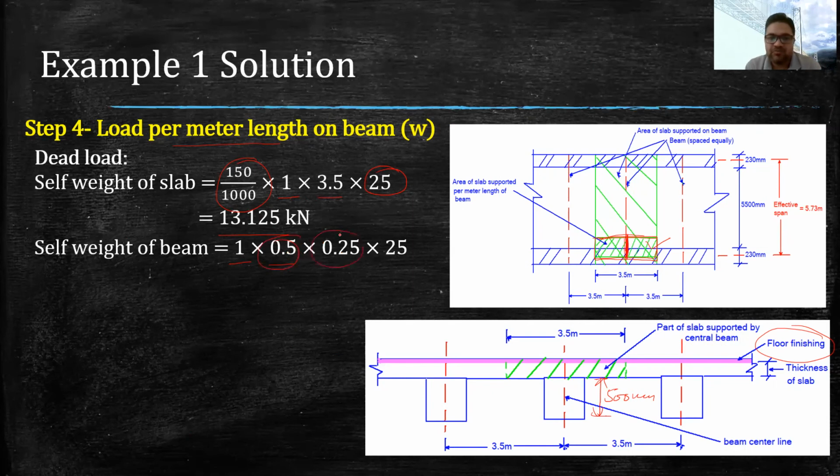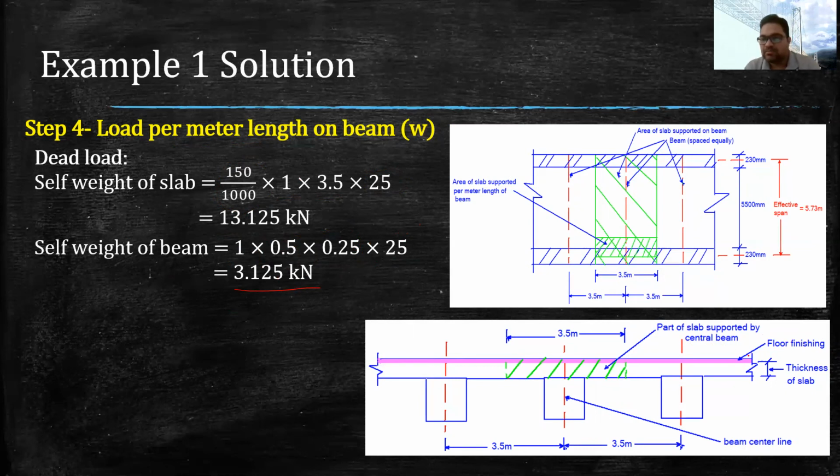The width of beam is 250 mm, and then the volume of beam per meter length is multiplied by the density of RCC. By calculating, we can find out the self weight of beam as 3.125 kilonewton.